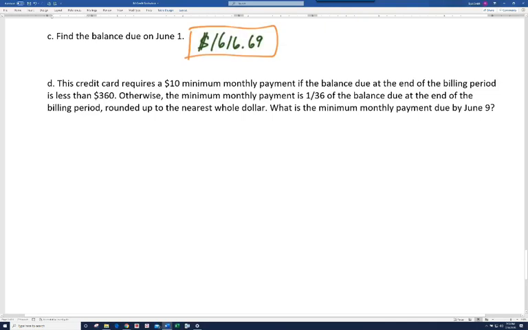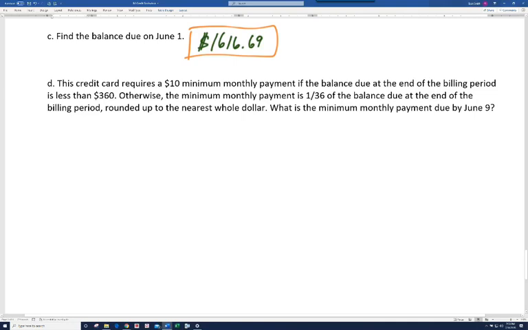Now on D it says this credit card requires a $10 minimum monthly payment if the balance due at the end of the billing period is less than $360. Well, that's not us. Otherwise, the minimum monthly payment is 1/36th of the balance due at the end of the billing period. By the way, I believe that's a little over 2%.